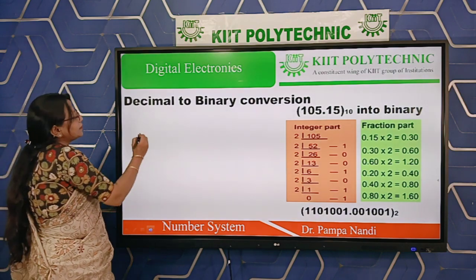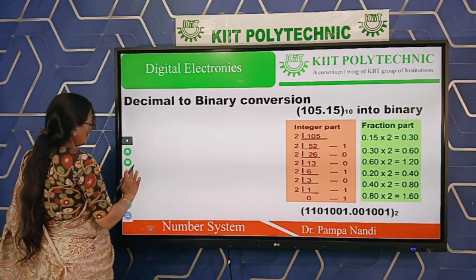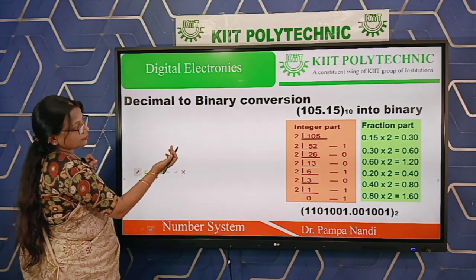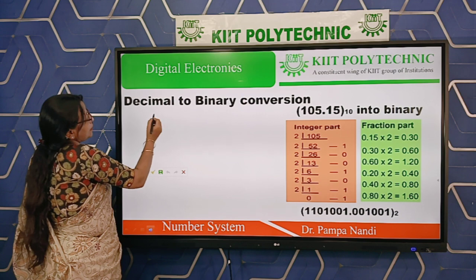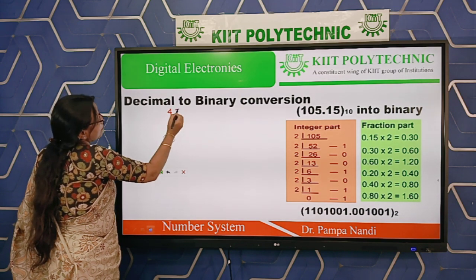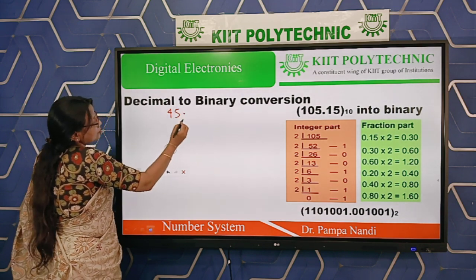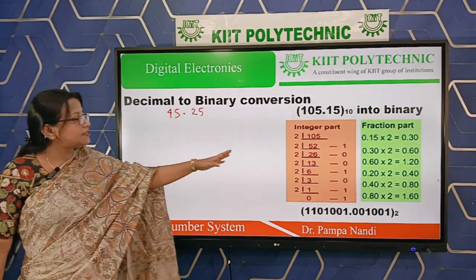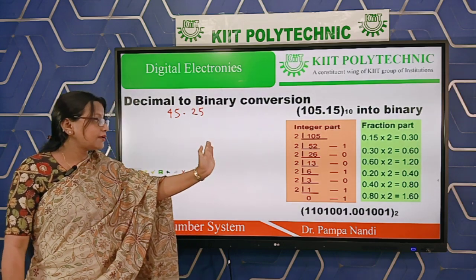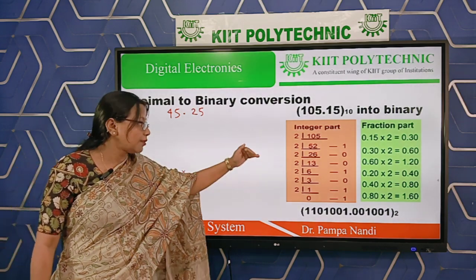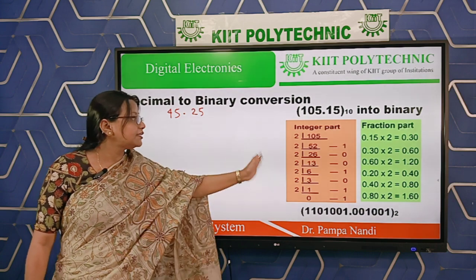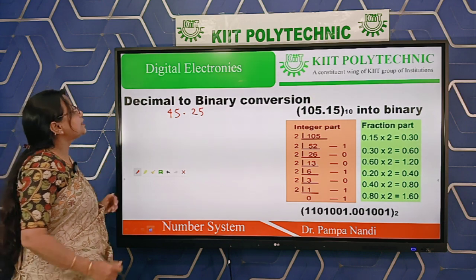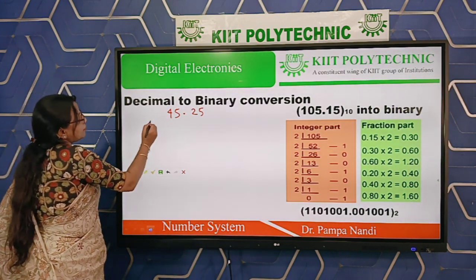Let me take any decimal number, like 45.25. Here we need to calculate in a different way for the integer part and the fraction part. First I am going to calculate the integer part. So 45.